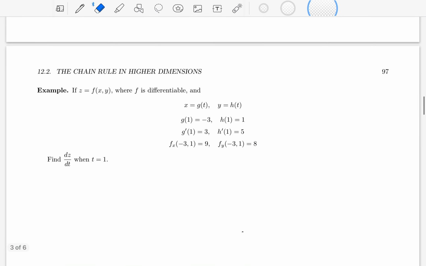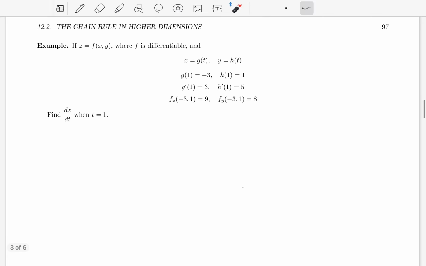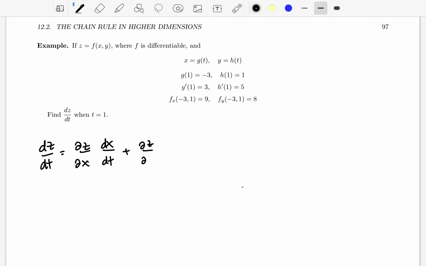All right, so this is a nice example because we have to find dz dt, where z is a function of x and y, and x and y are functions of t, but we don't know what they actually are, so we have to use the chain rule. So then we know that dz dt is equal to the partial of z with respect to x, and then dx dt, plus the partial of z with respect to y, and then dy dt.